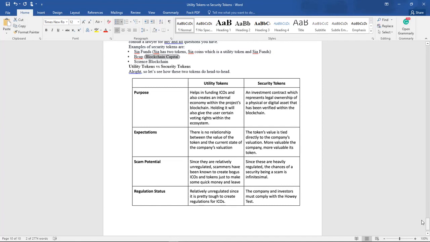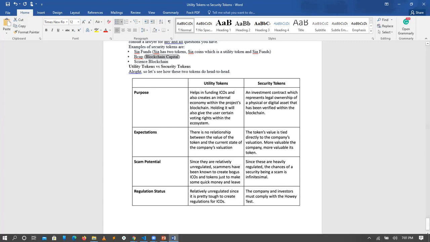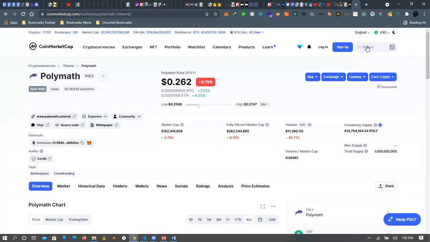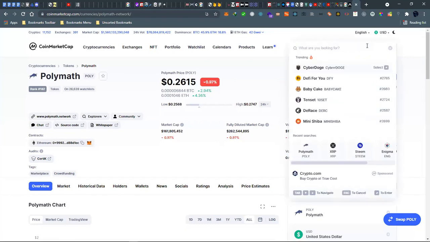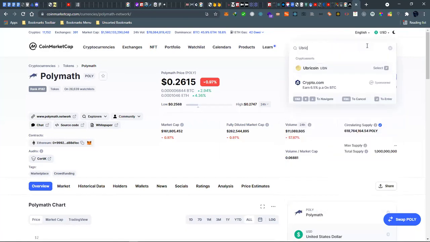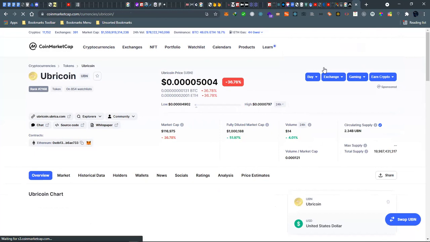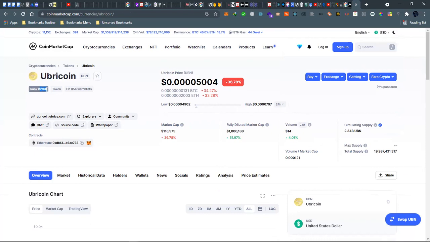So for example, the one that I'm talking about, Ubri coin. The value of Ubri coin is actually very low, and it's ranked number 2000.